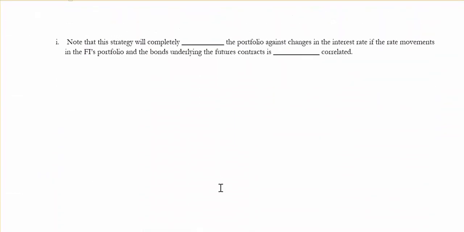Note that this strategy will completely immunize the portfolio against changes in the interest rate if, there's a big if, the movements in the financial institution's portfolio and the bonds underlying the futures contract are perfectly correlated.